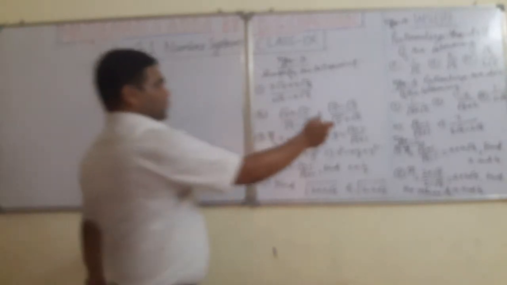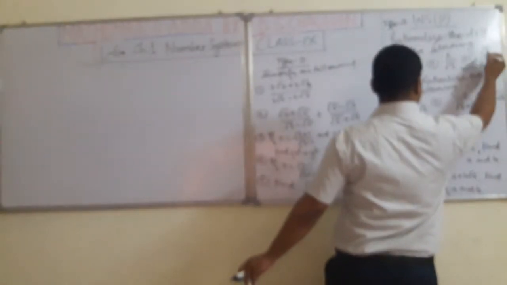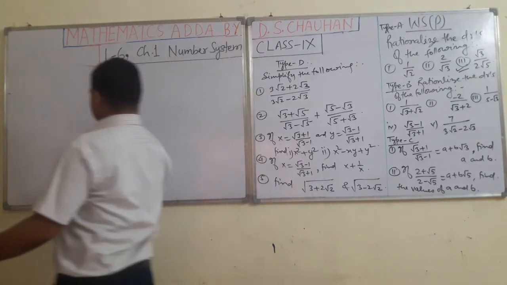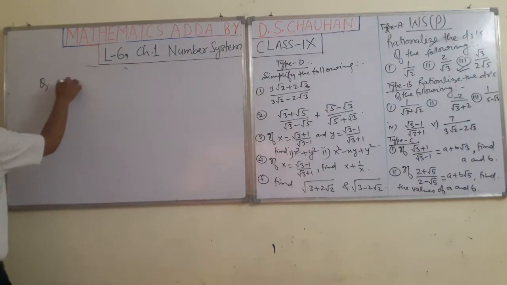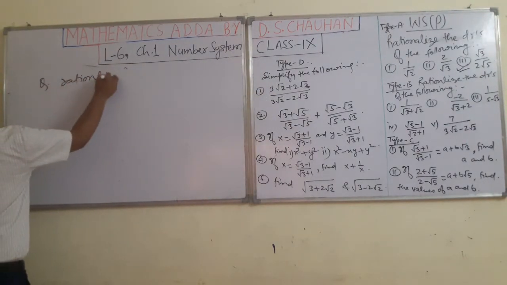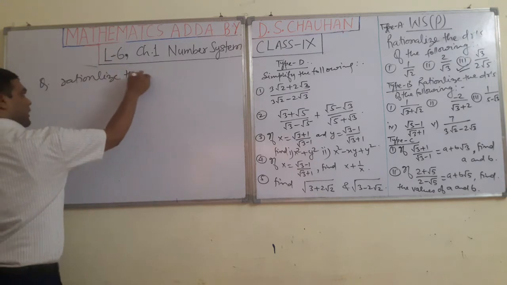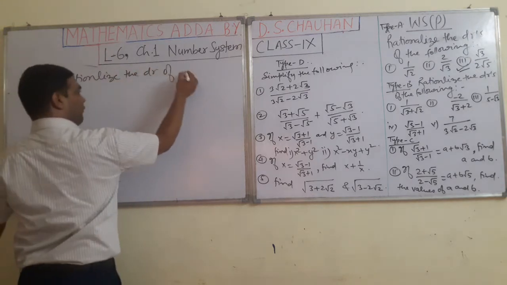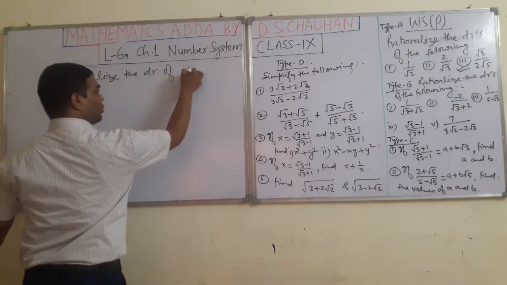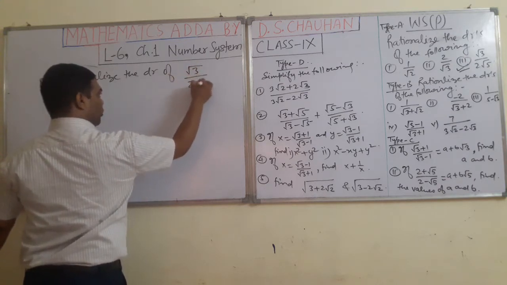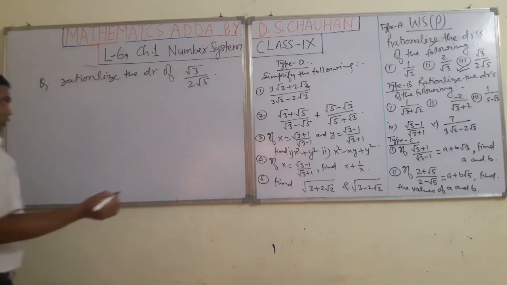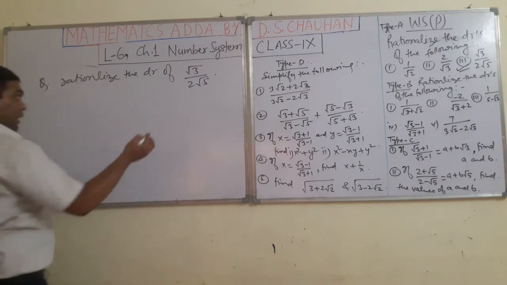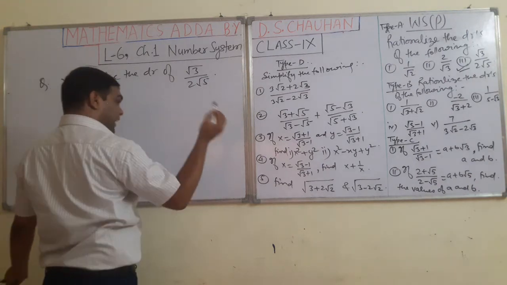One more question, students. If you look at this question, root 3 upon 2 root 5. Suppose the question is: rationalize the denominator of root 3 upon 2 root 5. Look here. Here root 5 is an irrational number.